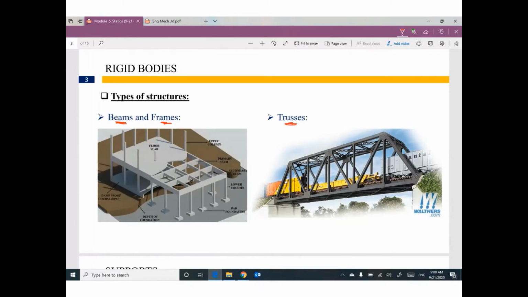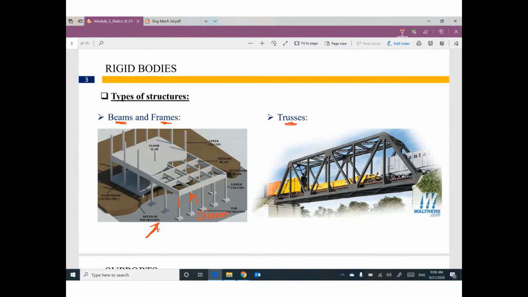If you look at this structure, it's a concrete structure. We have something here called a column. Can you see this element? This one is called a column, and we have another column here.